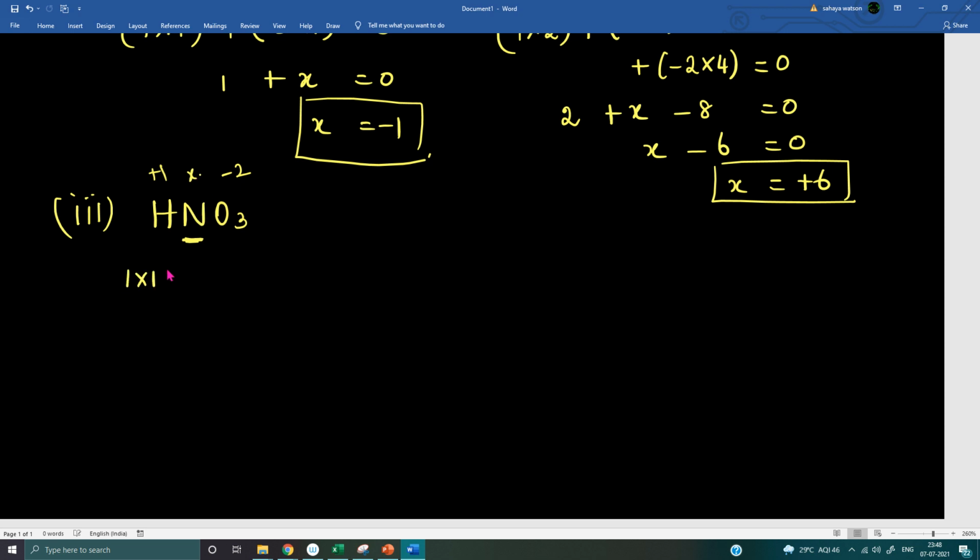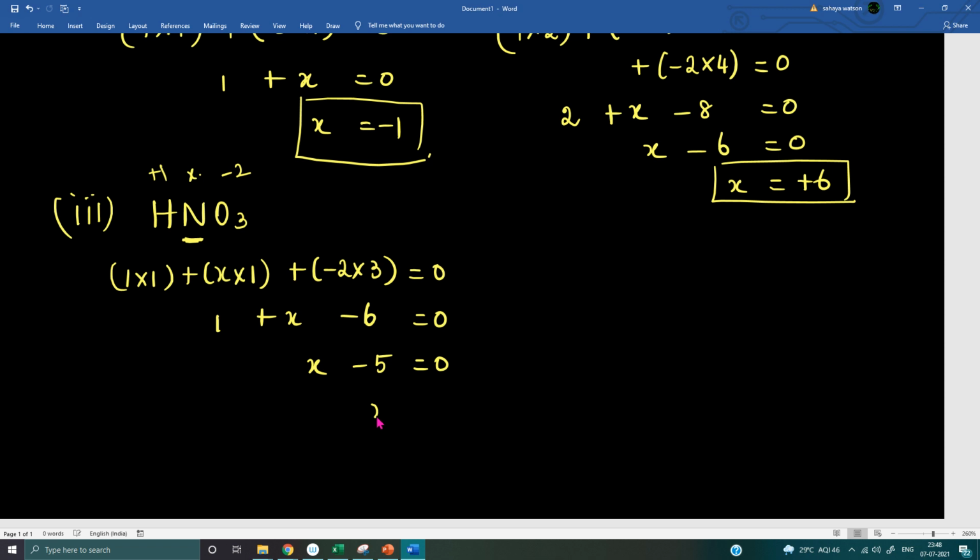So 1 into 1, that is the number of hydrogen atoms is 1, plus X into 1, the number of nitrogen atoms is 1, plus -2 into 3, because the number of oxygen atoms is 3 and the oxidation number is -2, equal to 0. So 1 plus X minus 6 is equal to 0, or X minus 5 equal to 0, or X is equal to +5. I am moving to the next example.